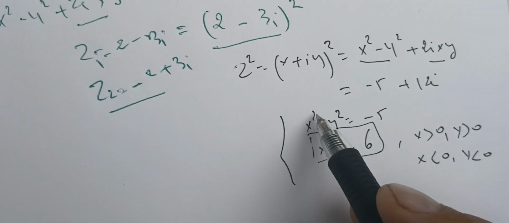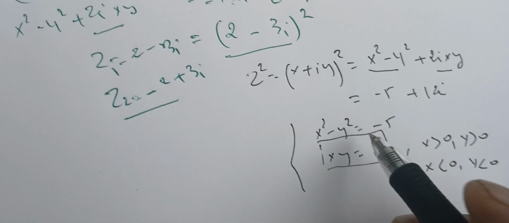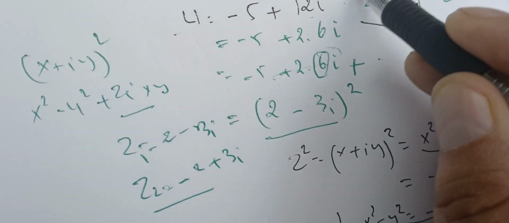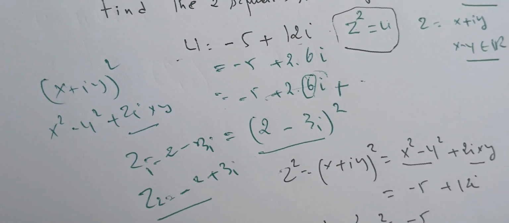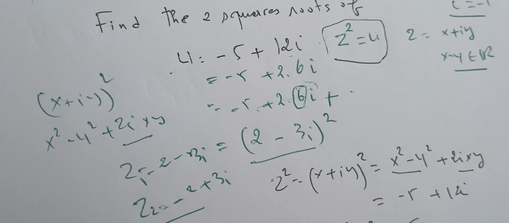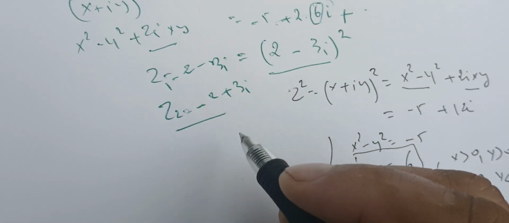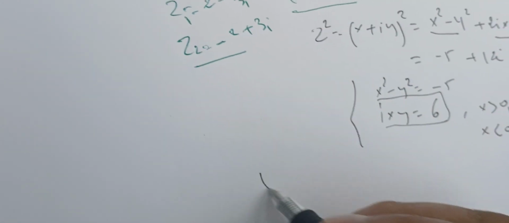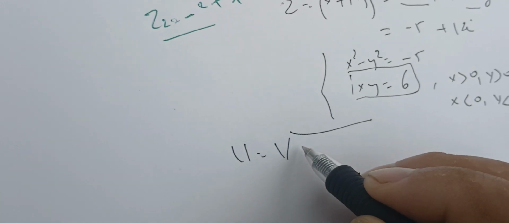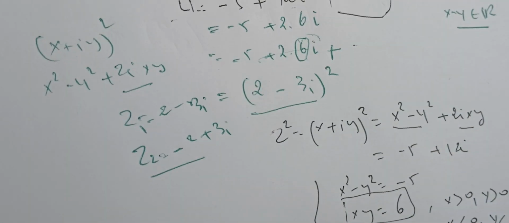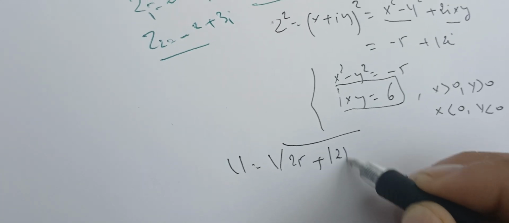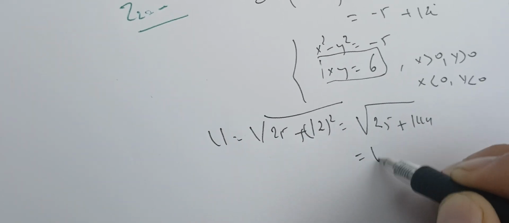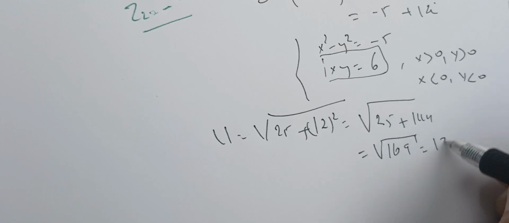But solving this one, we're going to have an equation of fourth order. That's why we can use the norm. If we take the norm of u, that means the square root of the real part squared, which is 25, plus the imaginary part squared, which is 12 squared, 144. We get 25 plus 144, that's 169, and therefore we get 13.